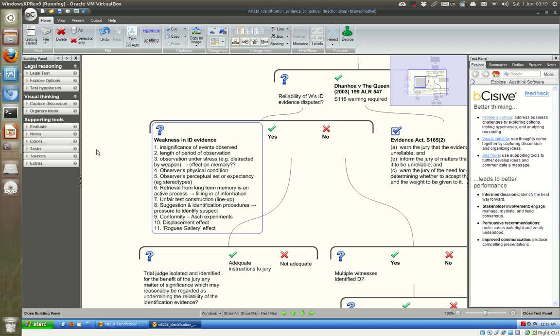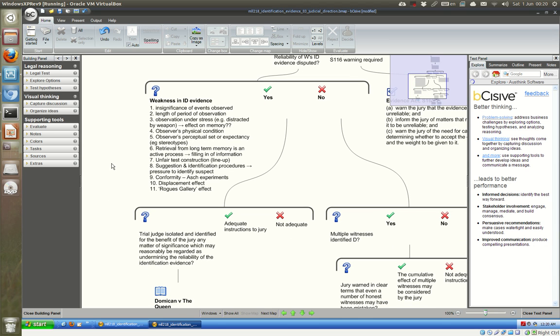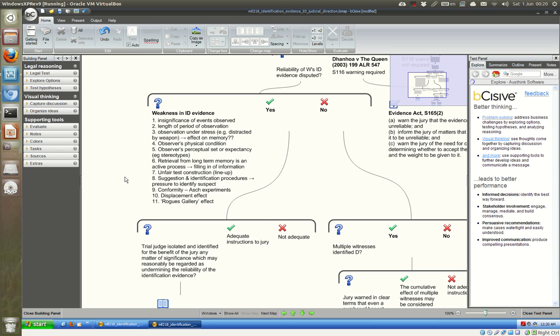Another consideration might be the observer's physical condition or the observer's perceptual set or expectancy, so whether there are stereotypes at play. Retrieval from long-term memory is an active process. There's always the risk that the witness might fill in some information. The lineup might have been constructed in a way that's unfair, and so forth. So those are some things to bear in mind when considering whether the reliability of the identification evidence is being disputed.